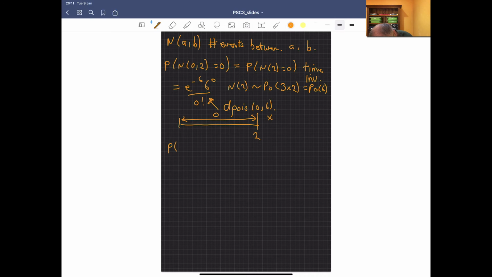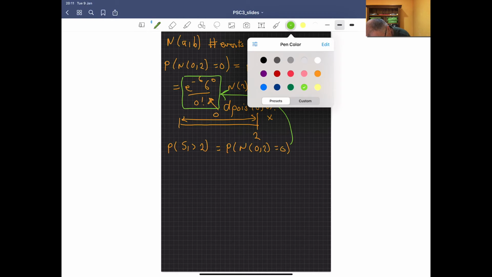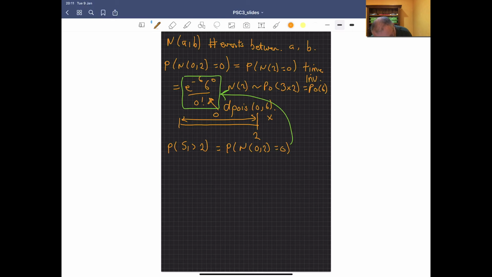So the probability that S1 is greater than 2 is equal to the probability that N02 equals 0. And we've already done that calculation. It's that there. Cool. Next one.